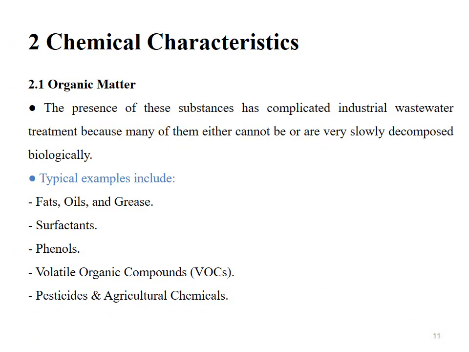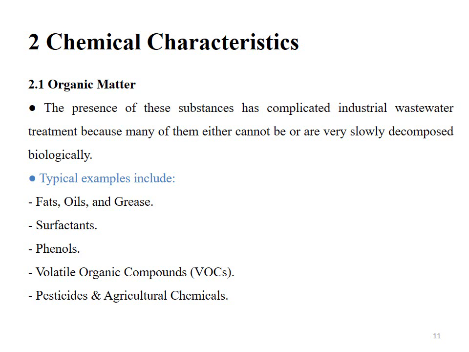And now the chemical characteristics of the wastewater. Among the chemical characteristics, the first one is organic matter. It means organic matter can be present inside the wastewater as an impurity or as a waste.